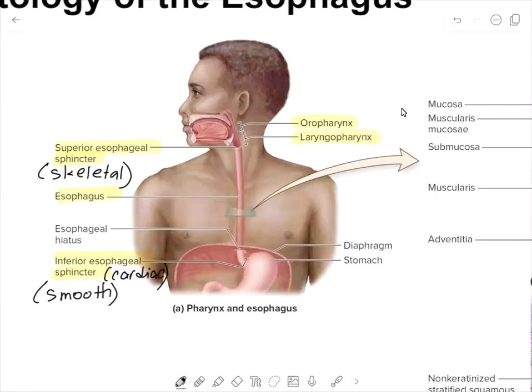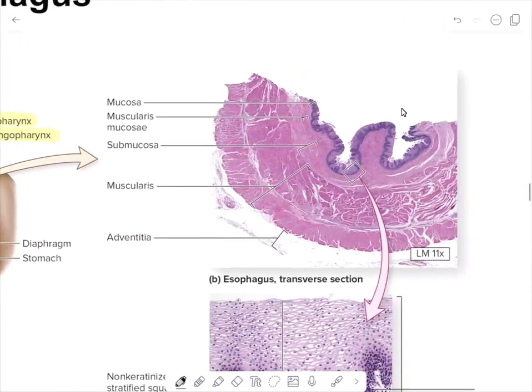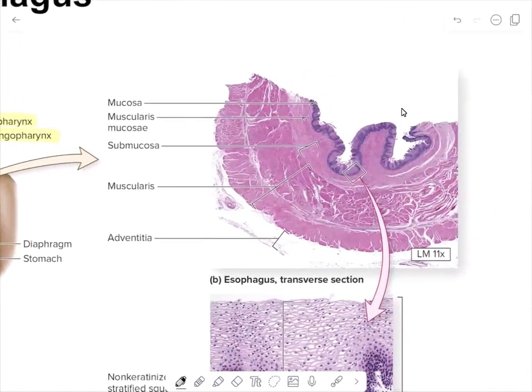On the right-hand side of the diagram, we see some histology showing the esophagus. The inner layer of it is the mucosa, then the muscularis mucosa, submucosa, muscularis, and adventitia. Remember, the muscularis has two layers. It has the circular layer, and it also has the longitudinal layer.